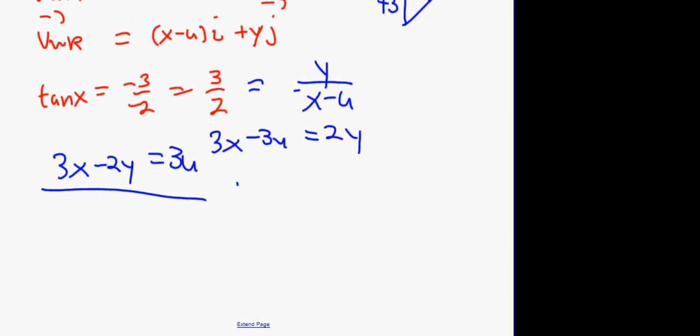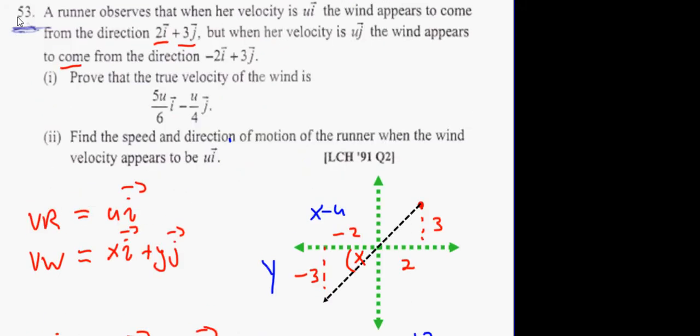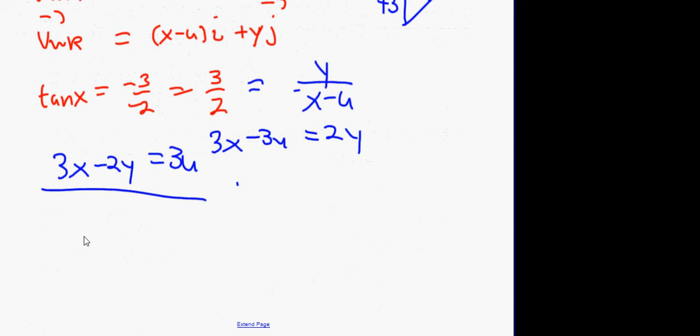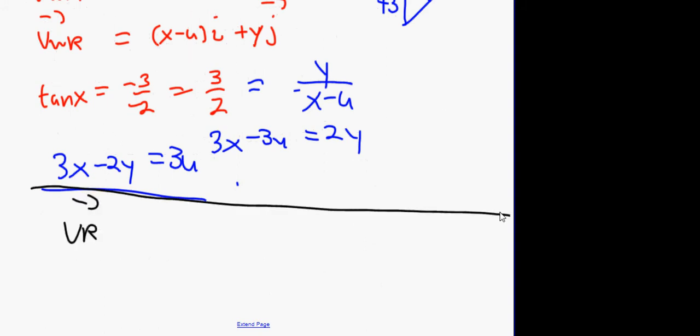Scenario 2 is basically your velocity. So the velocity of the runner is going to be uj. Do you guys have the question there in front of you? So velocity of the runner is uj. The velocity of the wind is xi plus yj, like last time.